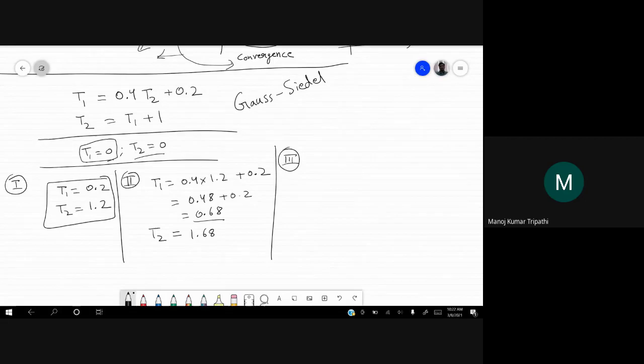What is the solution of this equation? Can you find out the solution of this equation? Because it is very easy to find out. You just have to replace T2 in the first equation and you will get the values of T1 and T2. Can you let me know the solution quickly?